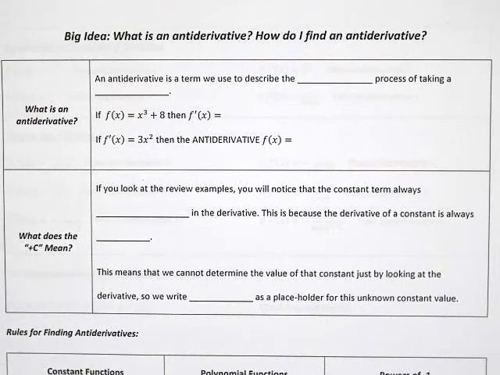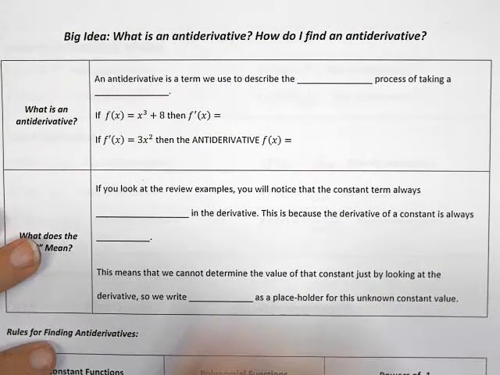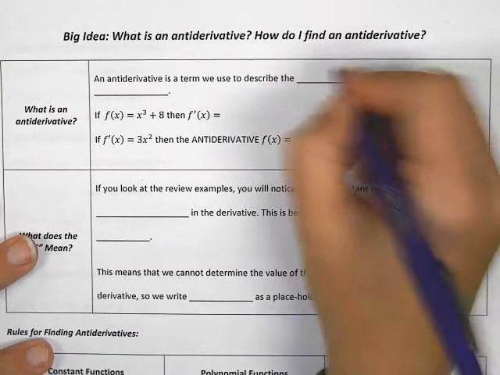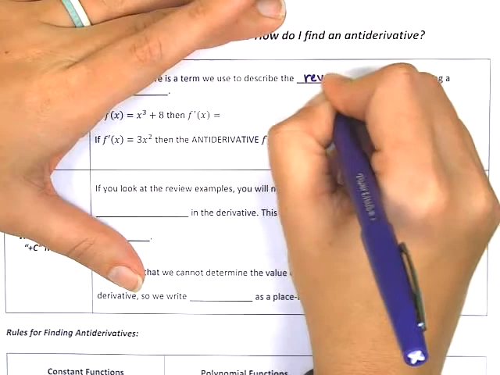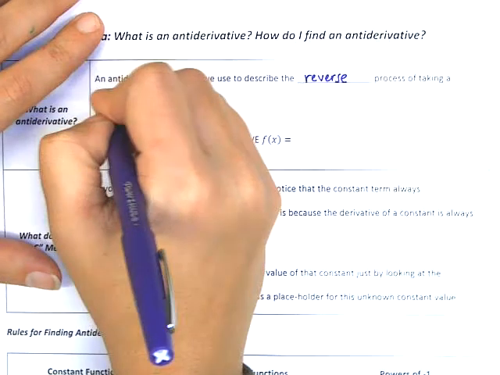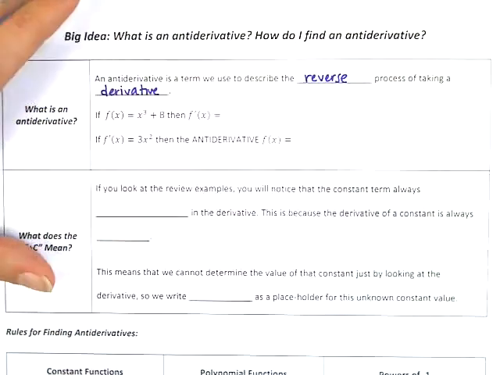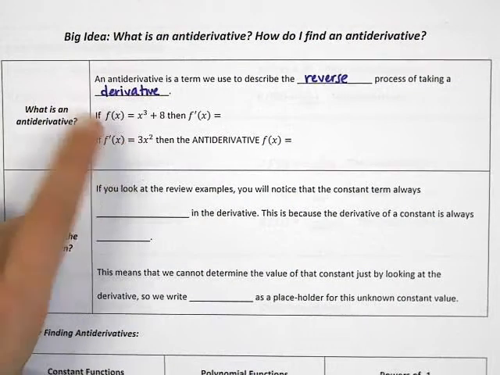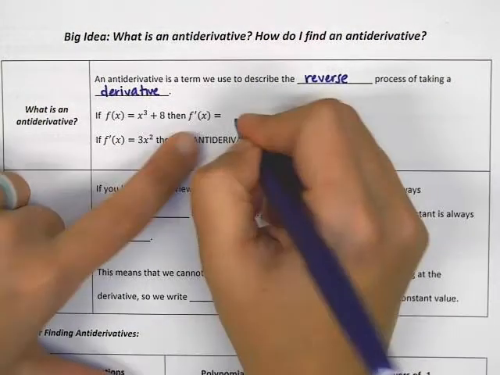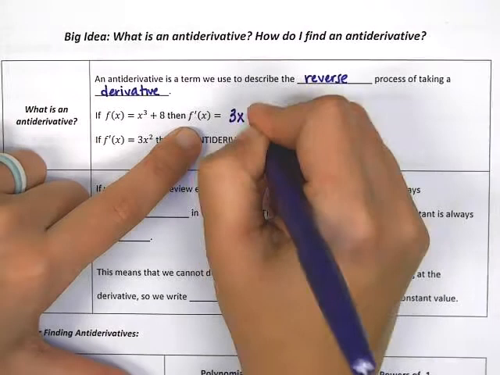So what is an antiderivative? Well, an antiderivative is a term we use to describe the reverse process of taking a derivative. So for example, if your original function is x cubed plus 8, then the derivative is 3x squared.